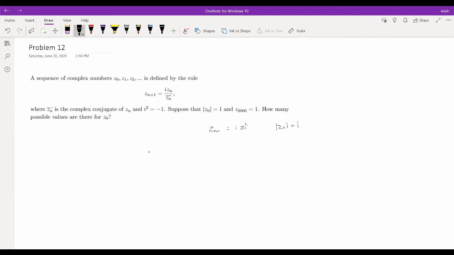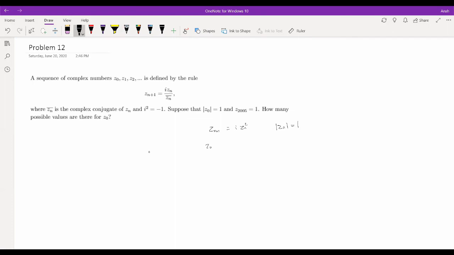Let's break down how this transforms it. One of the nicer ways to think of complex numbers, especially in cis form and when you're taking powers, is geometrically, where you're rotating the root of unity around the unit circle. If you had z of 0, when you square it, you just double the angle.